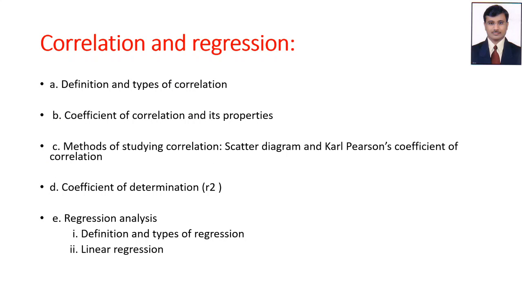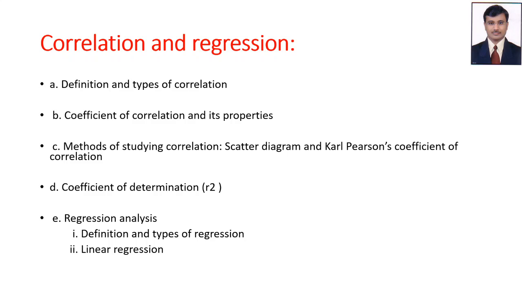The next point, correlation and regression. In that point, we have to study some sub-points. First, definition and types of correlation. Second one, coefficient of correlation and its properties. Next point, methods of studying correlation. In that point, we have to study scatter diagram and Pearson coefficient of correlation.